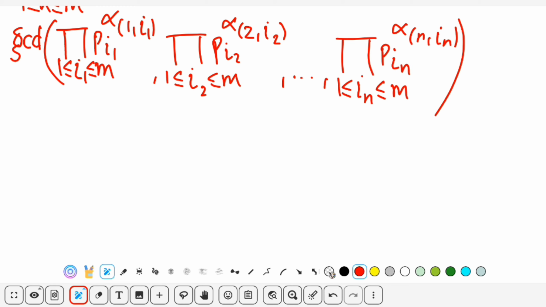So let's find the GCD of these. In GCD we consider the minimum power.